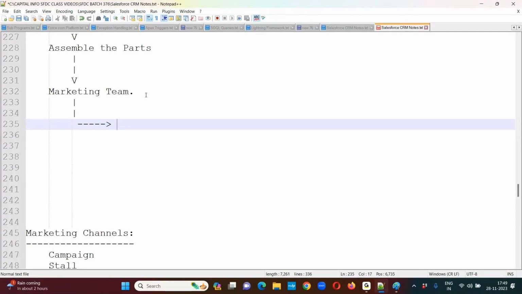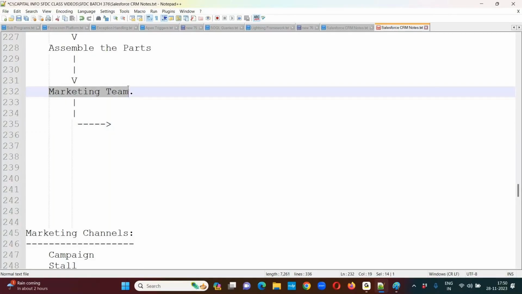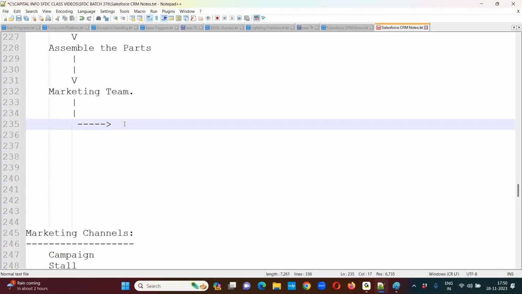For example, assume that today Dell people want to conduct a campaign. Campaigning is nothing but one of the marketing channels to promote our organization and our products both. Not only promoting the products, we need to promote our organization also, to maintain a brand in the market.